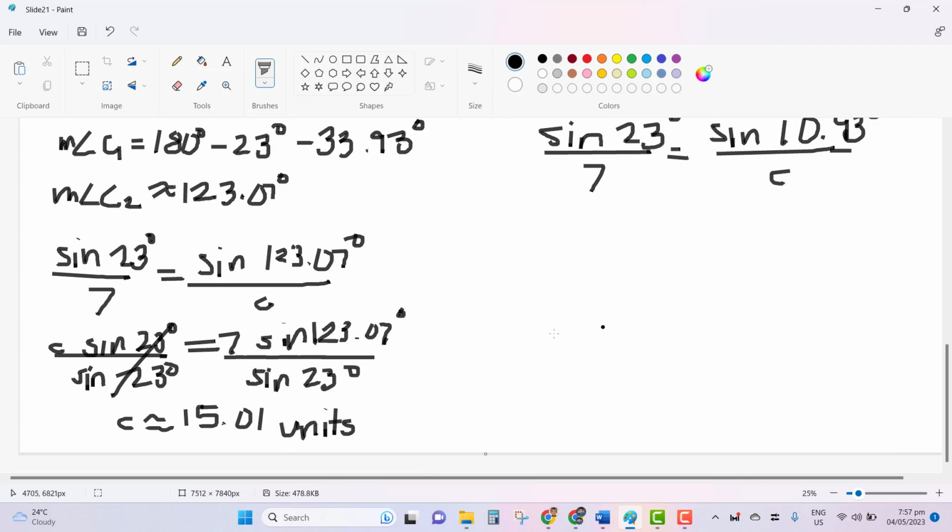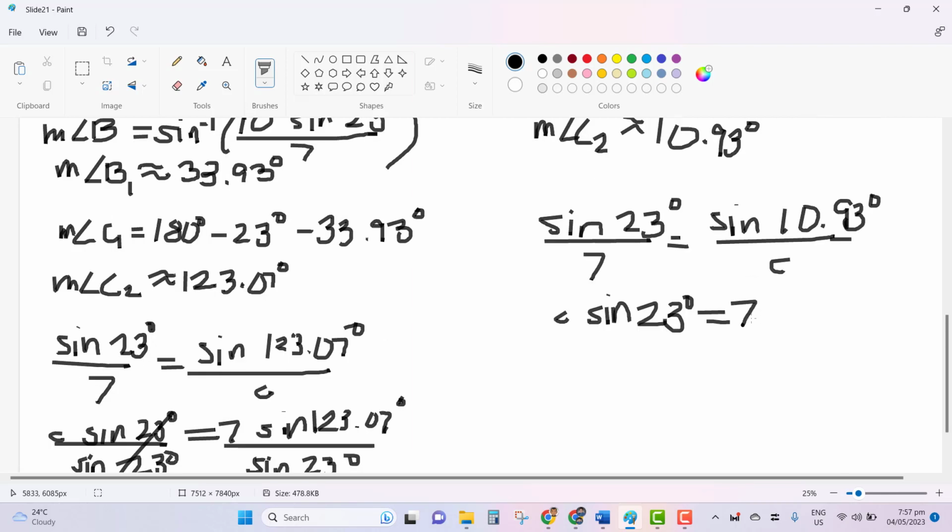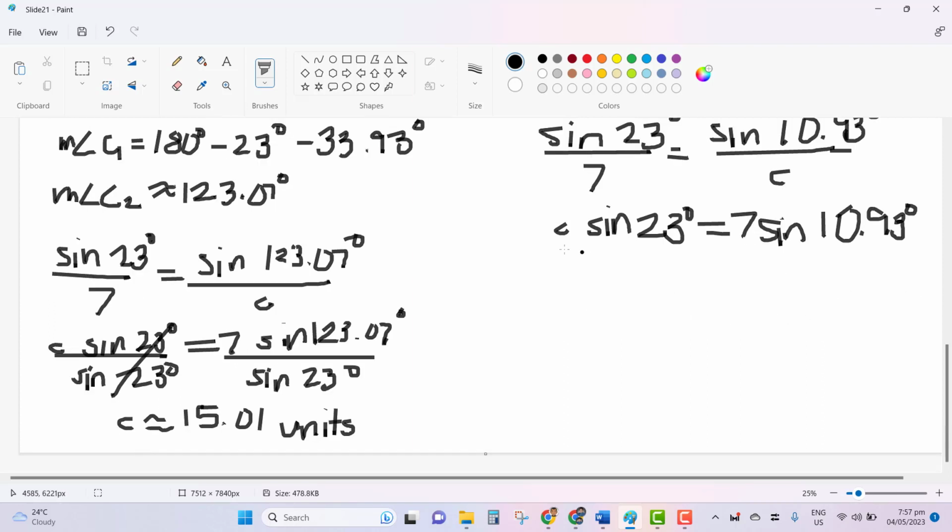For this other case, it's still C sine 23 degrees, but it's equal now to a different measurement, 7 sine 10.93 degrees. Divide both sides by sine 23 degrees to cancel that out.